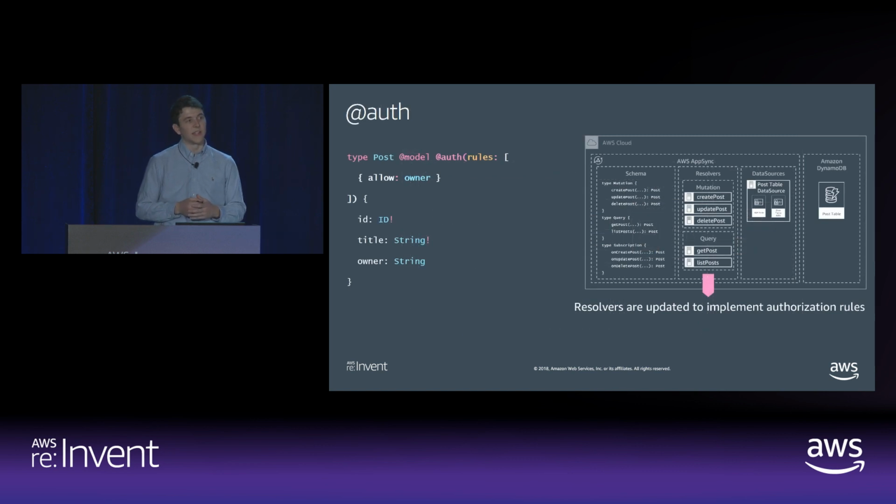It gets a little bit more advanced than that though. So here you can see an example of how we'd use the auth directive. We still have type post. Our type is a model. A model is going to be stored in DynamoDB for now. We have this auth directive. And what the auth directive does is it allows you to add authorization to the CRUD operations that are generated by the transform.